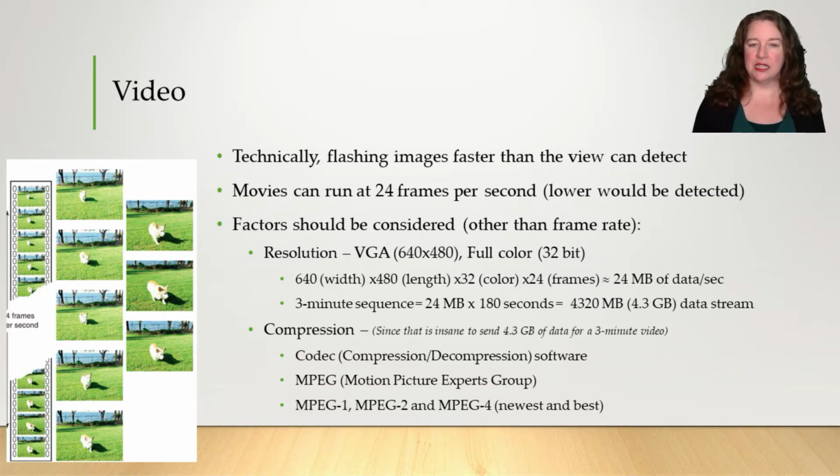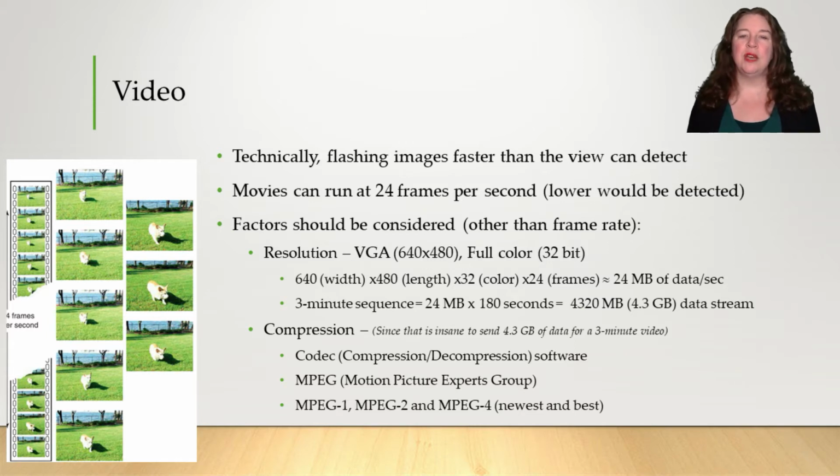We do 640 by 480 to get the area, and each pixel needs 32 bits to hold its color. And there are 24 frames per second, which is roughly 24 megabytes of data per second. If you have a 3-minute cat video on YouTube, it is 4.3 gigabytes of data. That's a lot. So we don't usually send it like that.